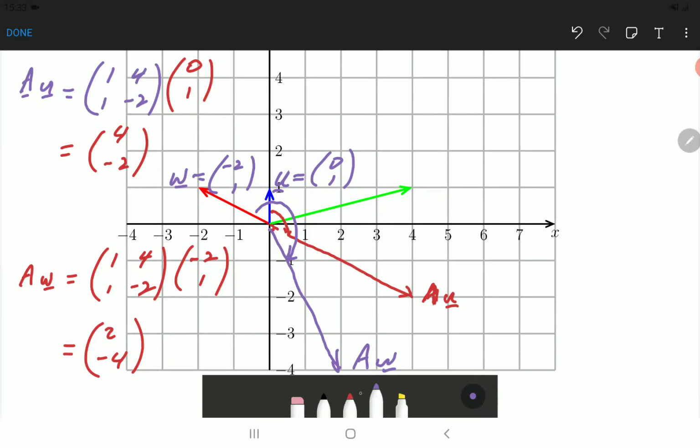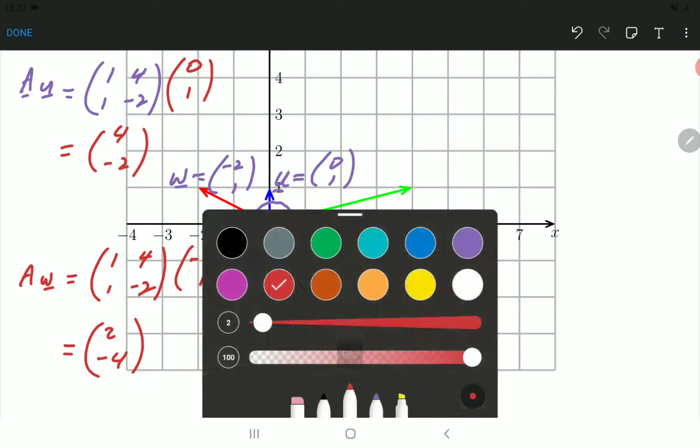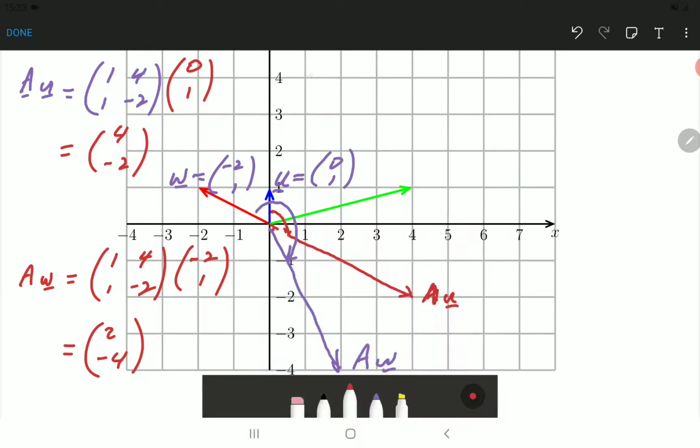So this time there is our vector v, a green vector here, and let's see what's going to be the image of this vector under the matrix A. So Av, there's our vector v. That's going to be 1, 4, 1, minus 2, times v, which is 4, 1.